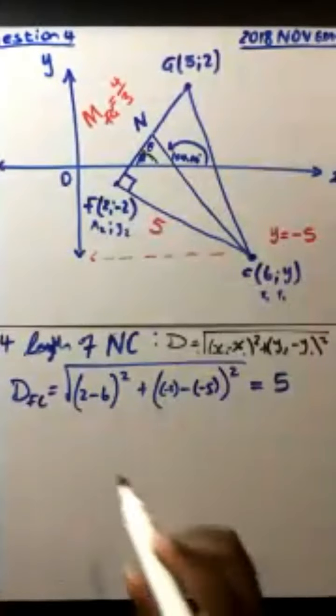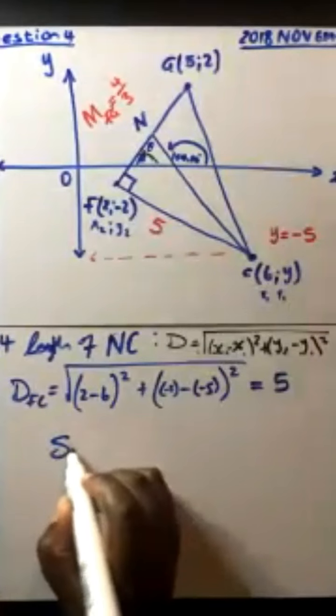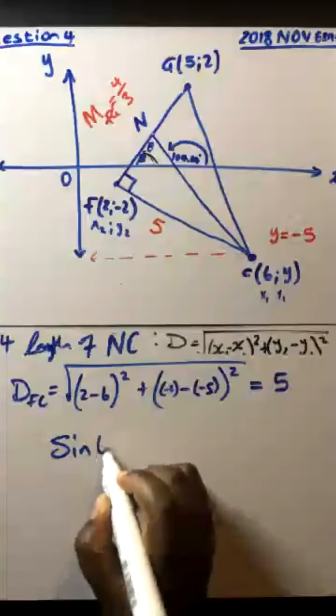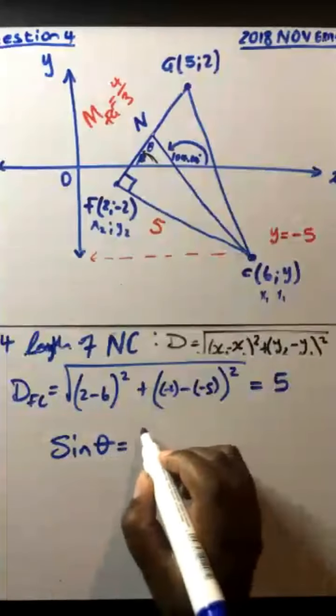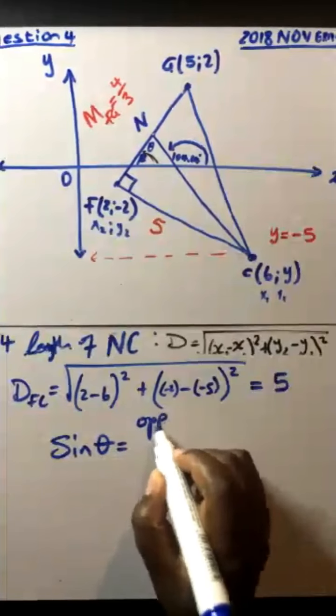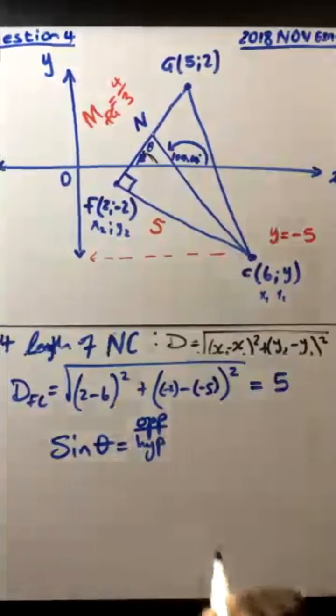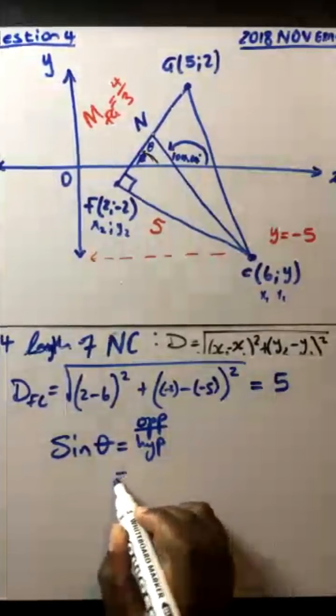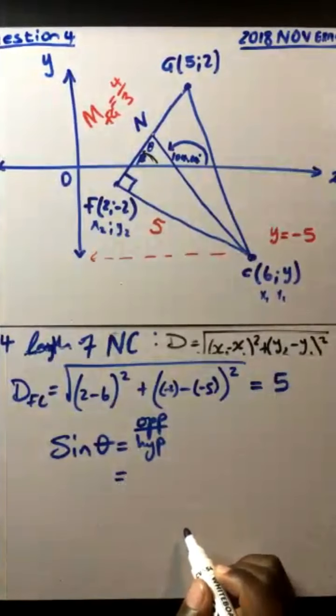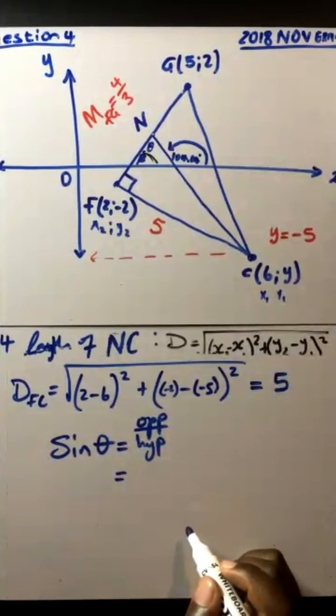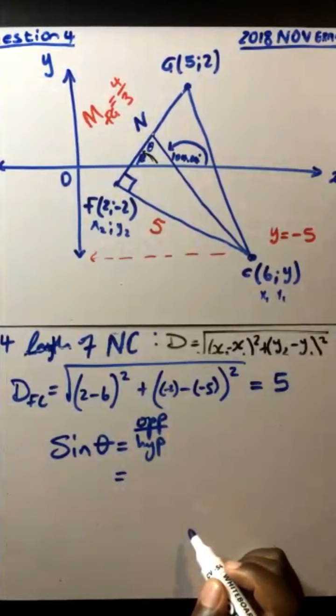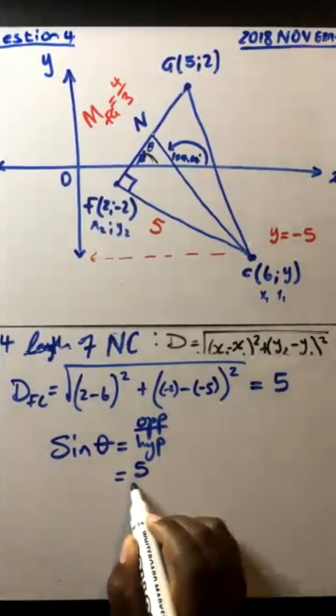So now someone said we can use sine angle equals opposite over hypotenuse. So what is the opposite? It's 5. Okay, opposite is 5.